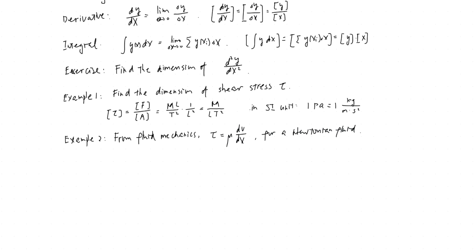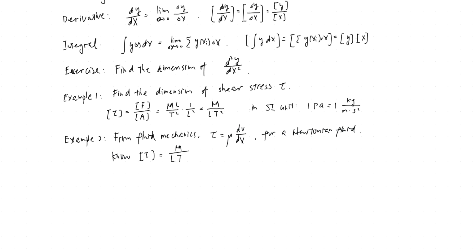Now we just found the dimension of tau. And we also know velocity, so we know that the dimension of tau is mass per length times time squared.